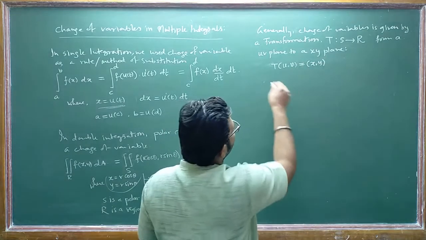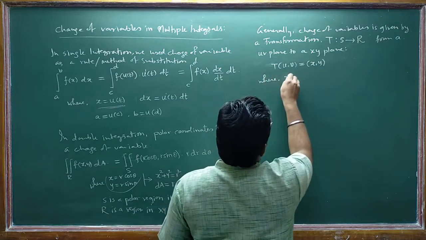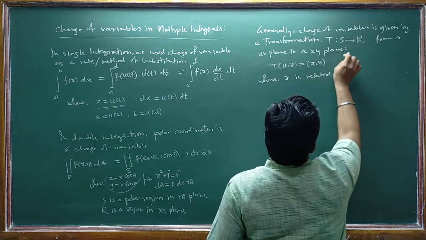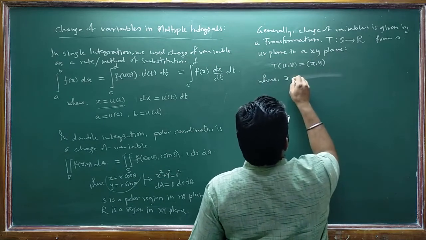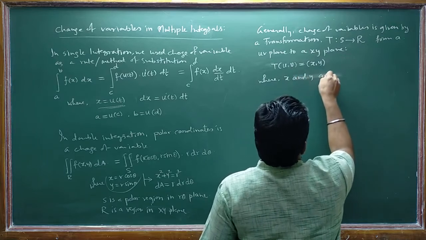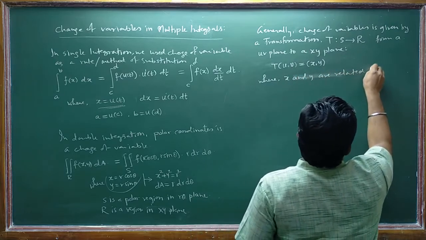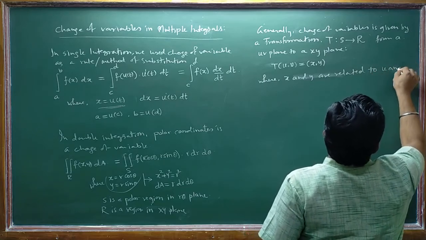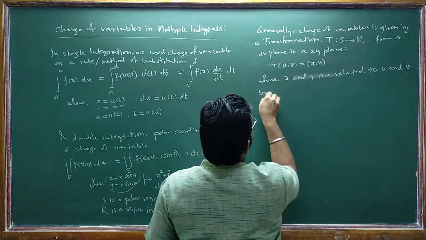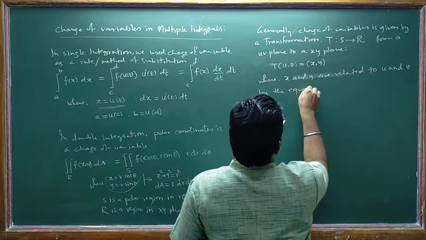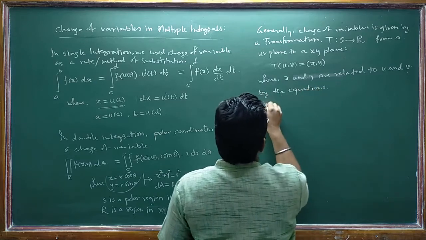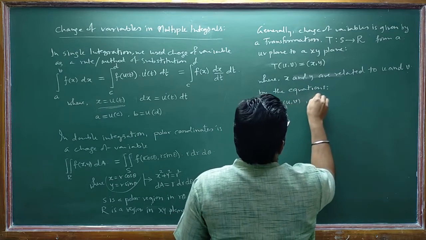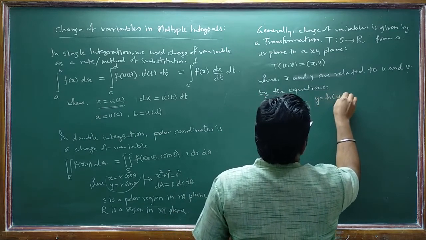Okay, so where x and y are related to u and v by the equations, x is g of (u, v), y is some h of (u, v).